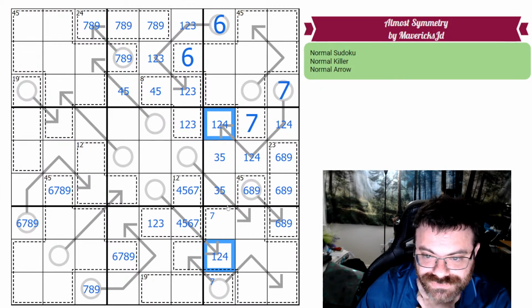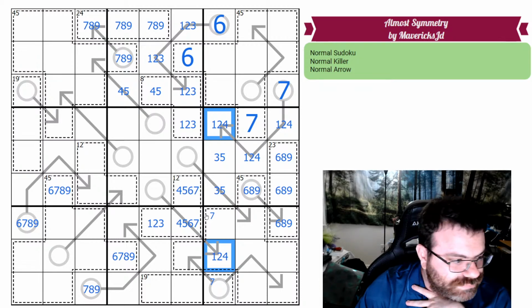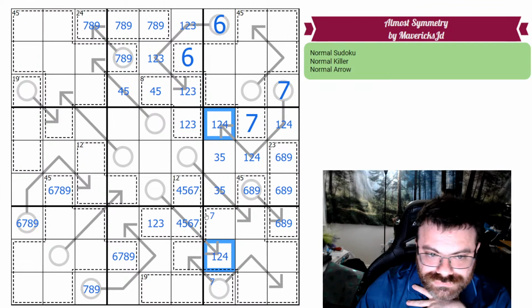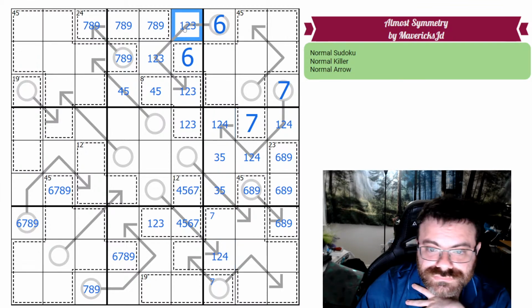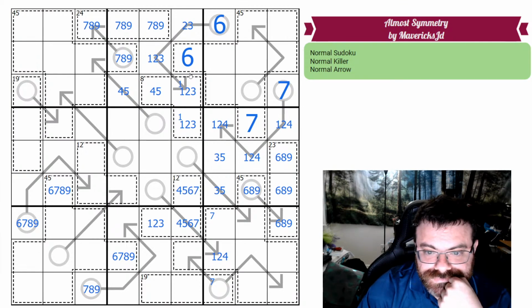Suspiciously matches up with that one. True, this 8 cage does need a 1 in it, so this can't be the 1. I don't need to mark that. It's fine.